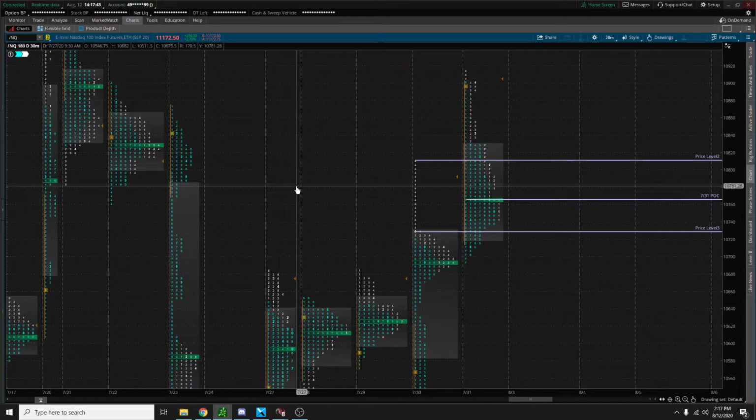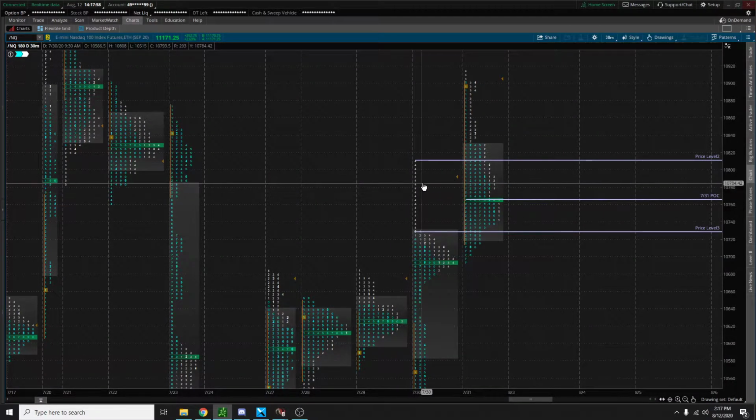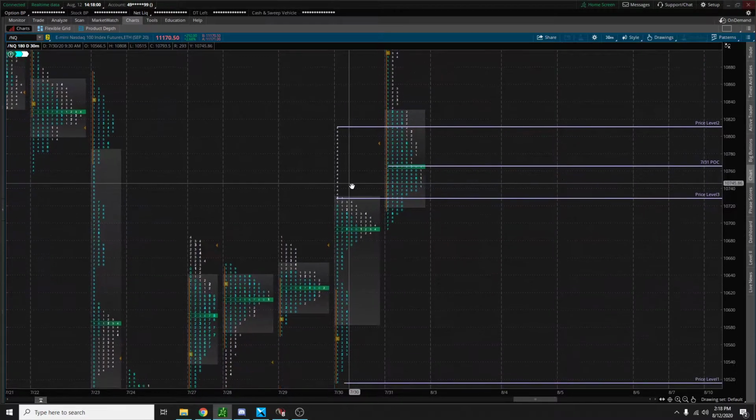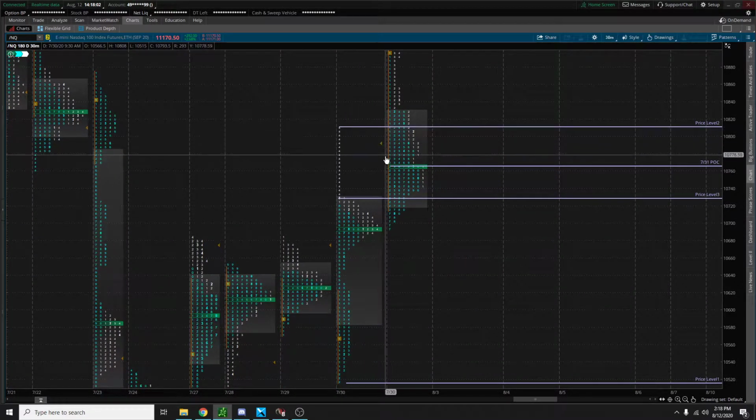The market doesn't like it when there are holes. It's very unsustainable for the market, like I said. So what happens is a lot of times the market comes back and it fills up the hole.